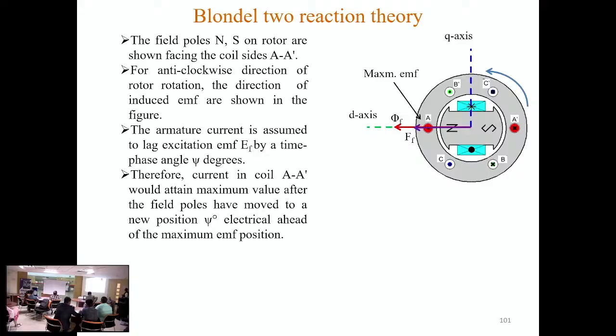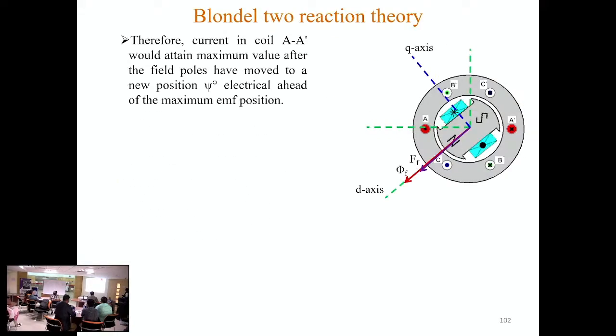Suppose the power factor is lagging and the power factor angle is psi degrees. In that case, the conductors A and A dash will have their maximum current when the N and S poles have moved through that angle psi degrees. So the next position will be like this.